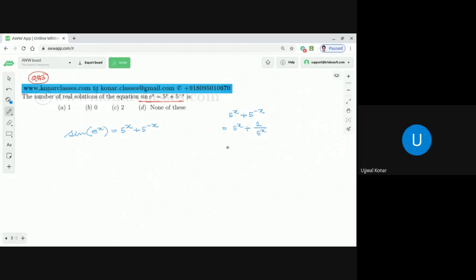Now let's see. Whenever you get this kind of information, that 5 power x plus 1 by 5 power x, we can write this as 5 power x minus 1 by 5 power x.